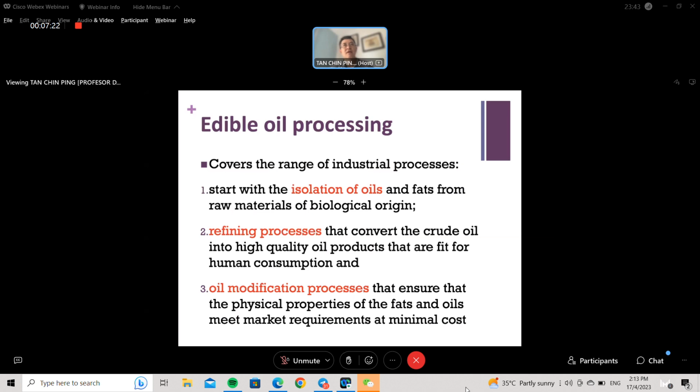Then the week after that, we are going to start to cover oil modification processes, where I will cover the major part, but in terms of industrial applications on modification processes, I will get an industry speaker to come over and share with you those modification processes. So this will be the major part of the processing technology sections of FST 4834.